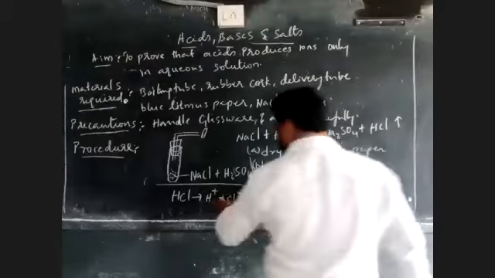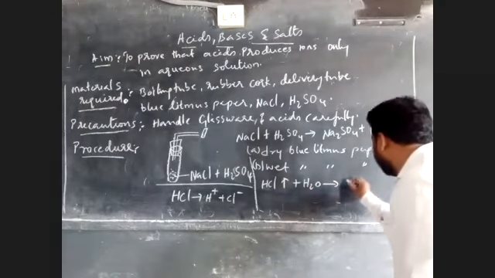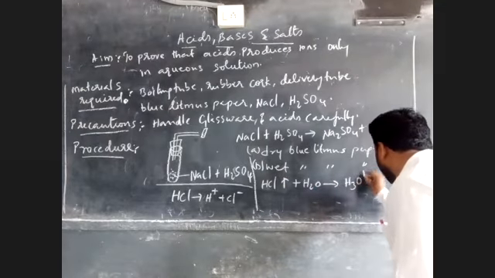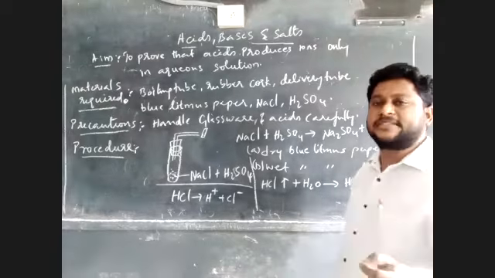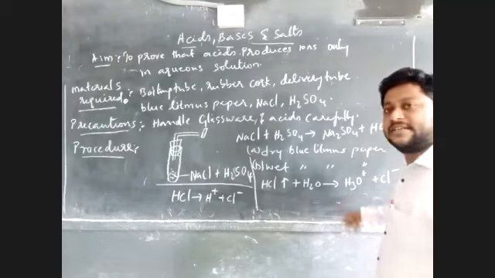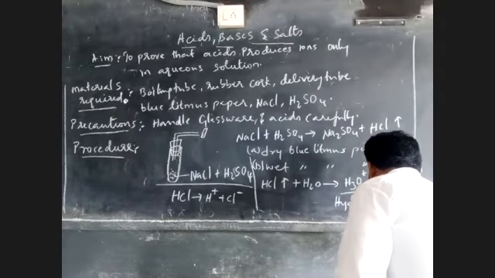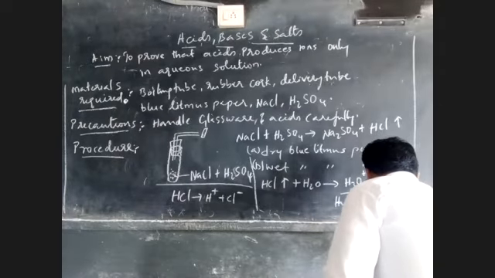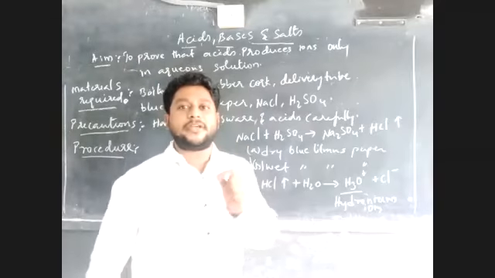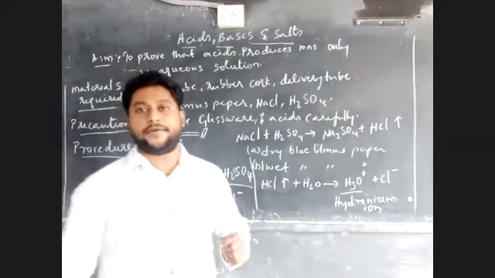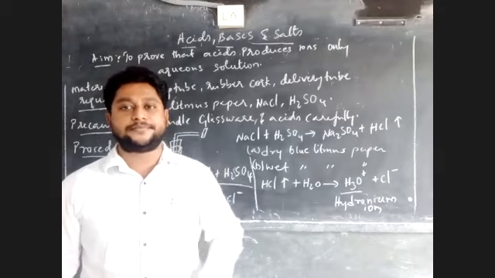These H plus ions are taken by the water molecules, turning to H3O plus and Cl minus. This H3O plus is called the hydronium ion. So formation of the hydronium ion makes the wet blue litmus paper turn red.